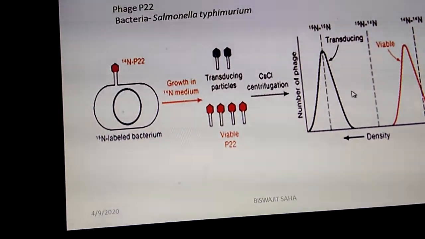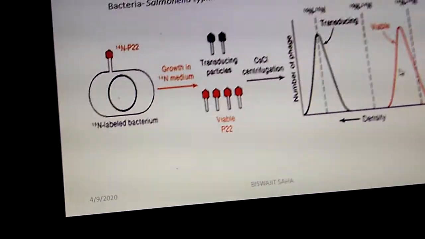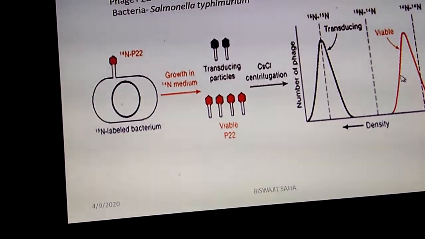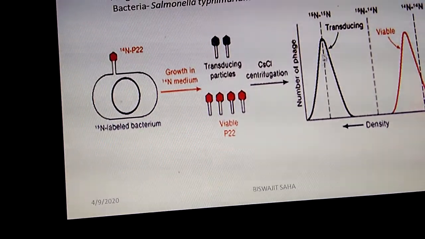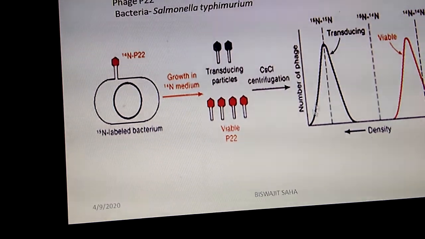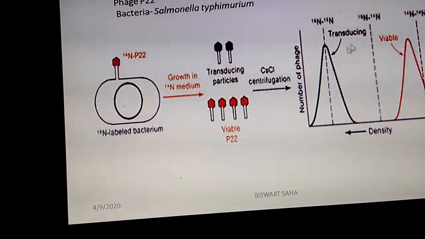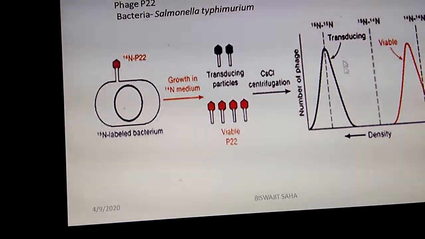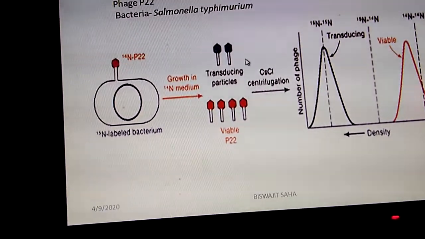The viable phages have the density of particles containing N14 DNA, and the transducing particle has the density of N15. So if we get this kind of peak for N15, we can surely say this peak is due to the presence of transducing particles.